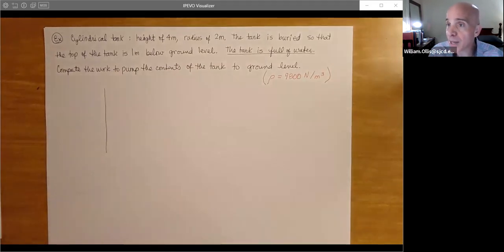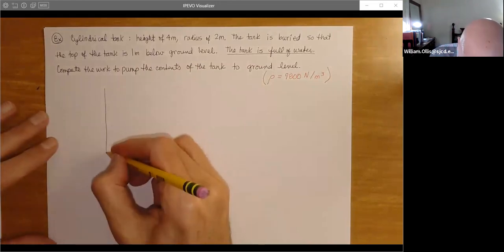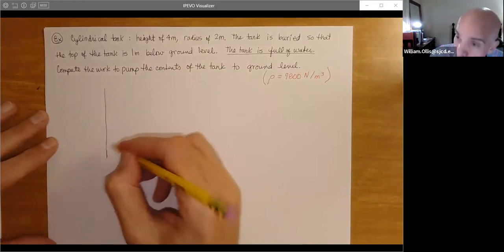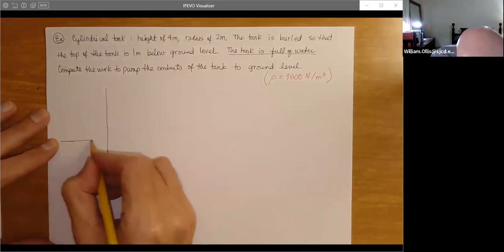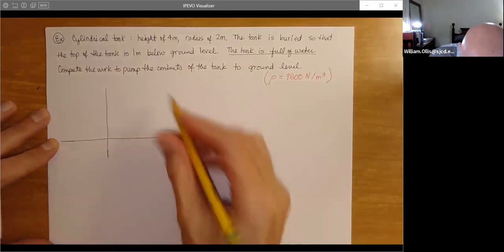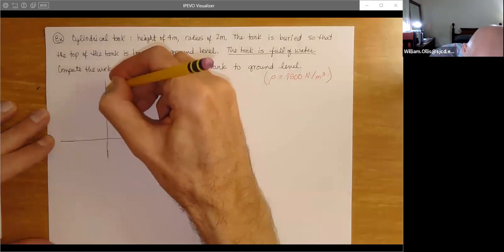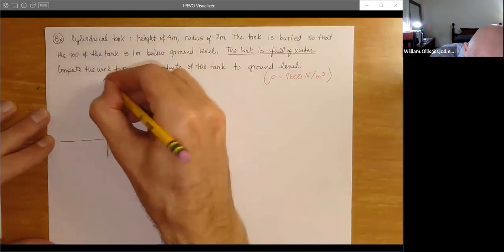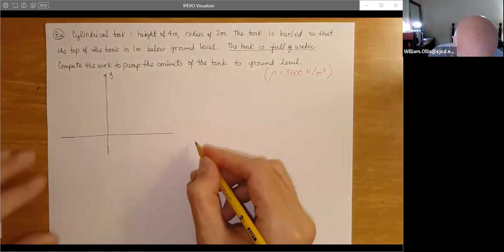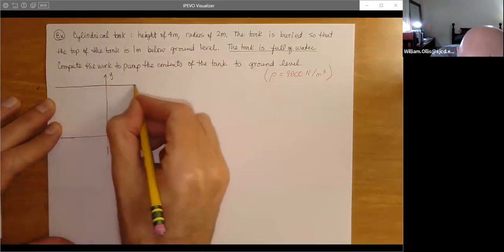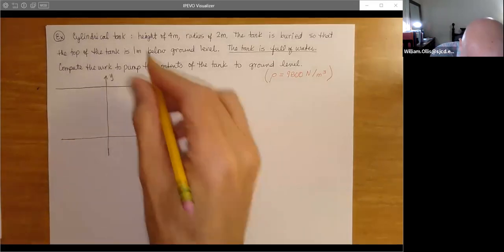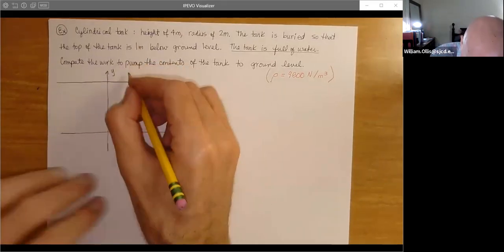We like to orient the axes so that we simplify the algebra. So we'll think of the axis of the tank as being the y-axis. We'll have our ground level. So this will just be the ground.